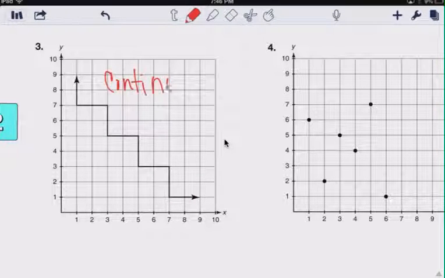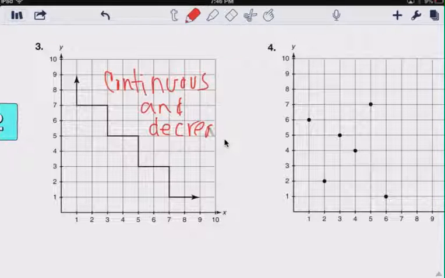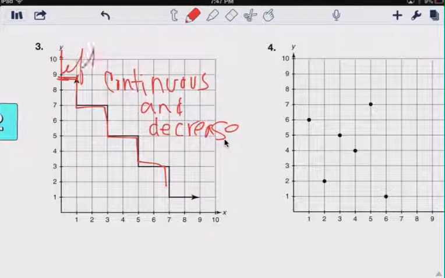Okay, forgot for a minute how to spell. Continuous and decreasing. If you look at this, this is the stairway going down, starting always from the left now. So it is decreasing. Should put decreasing. Continuous and decreasing.